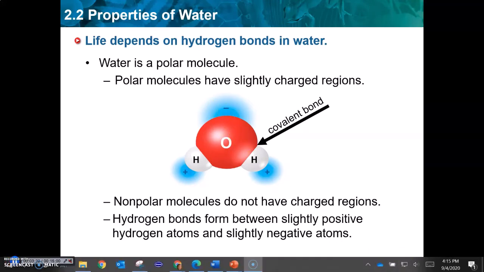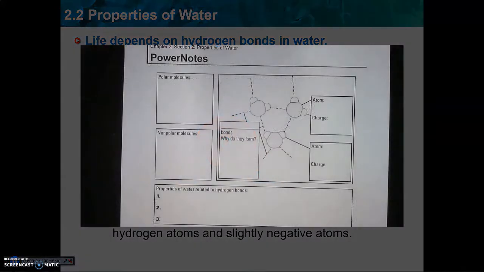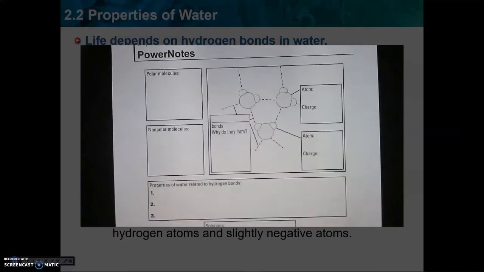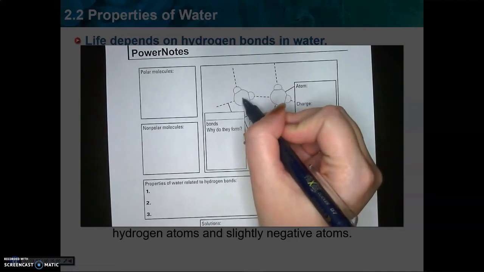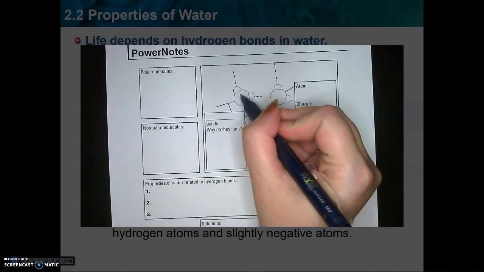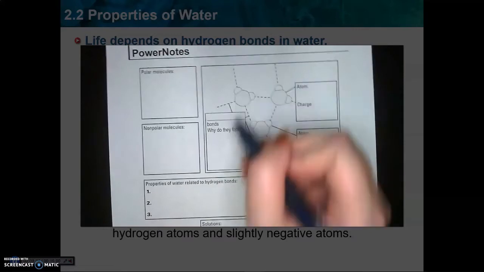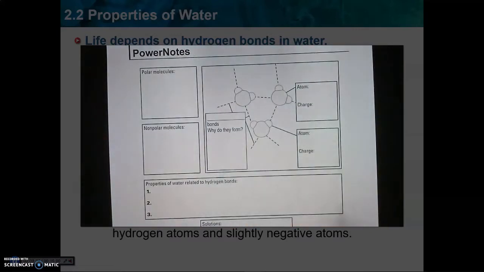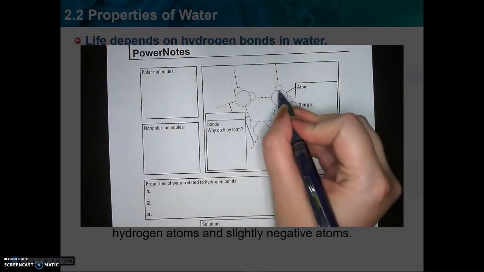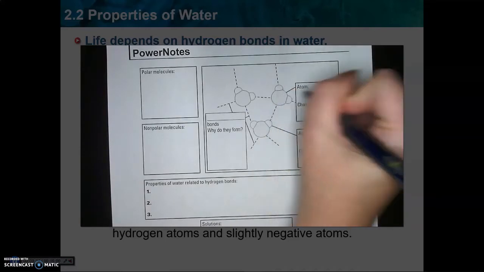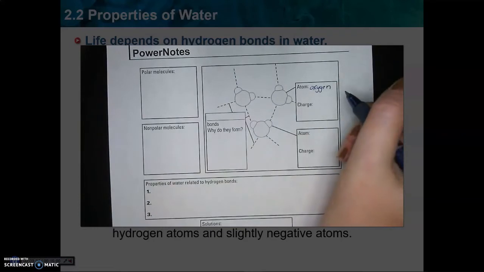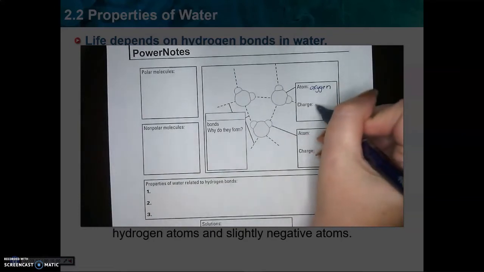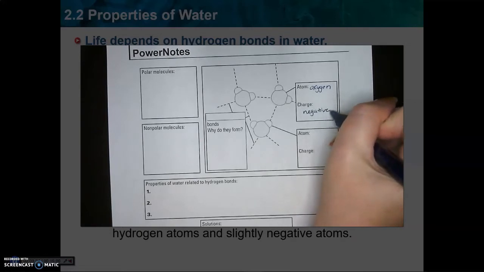So I do want to make sure that you're understanding on that note sheet here. We have this diagram. So between oxygen and hydrogen here, this would be our covalent bond, right? So if we are identifying this atom, this is our oxygen, and the oxygen is going to have the negative charge.